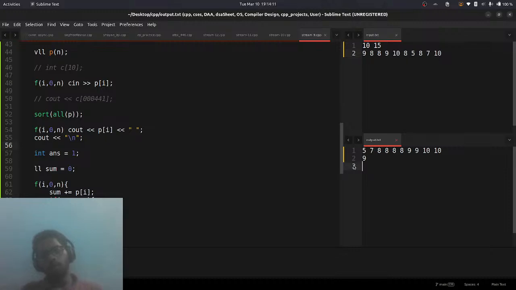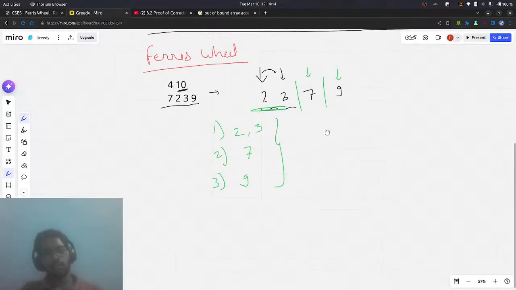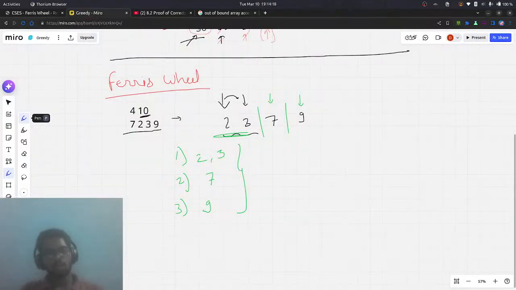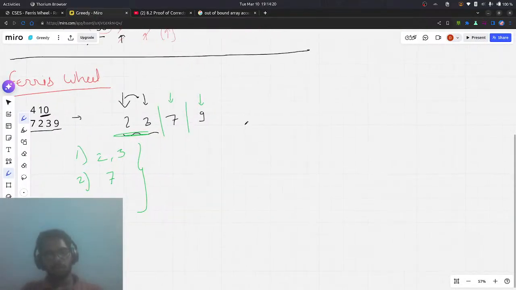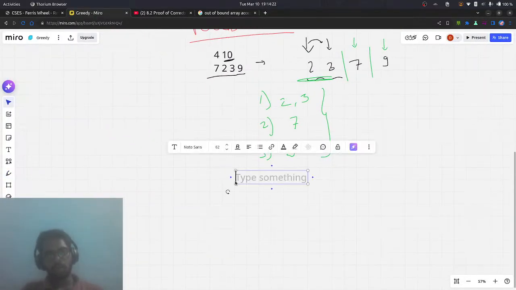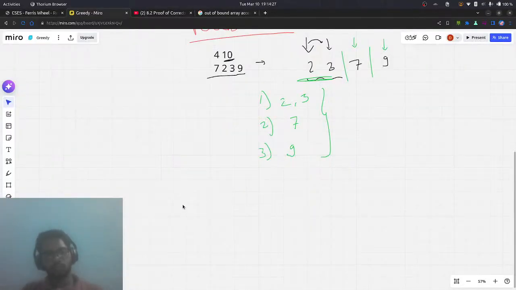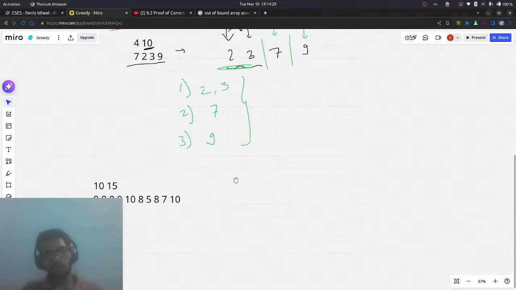Or maybe we can try to do something like this. So in case of a test case like this, let me draw it here only. Okay.